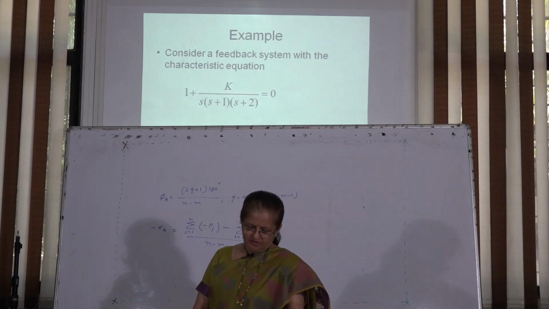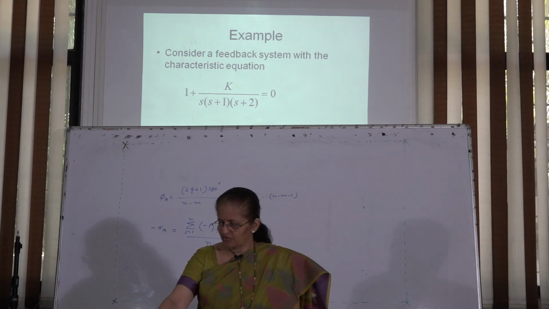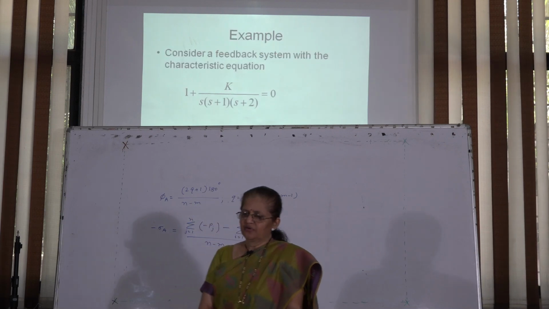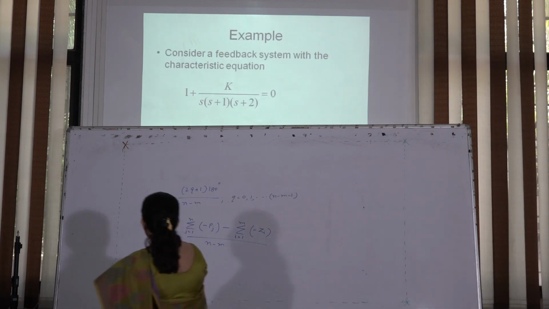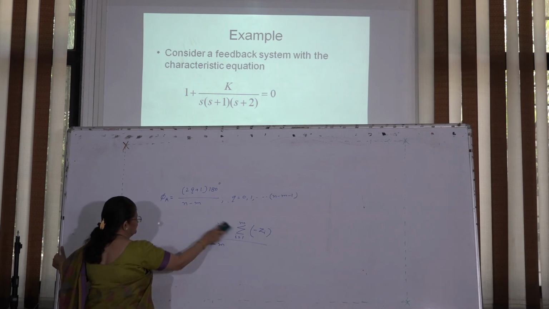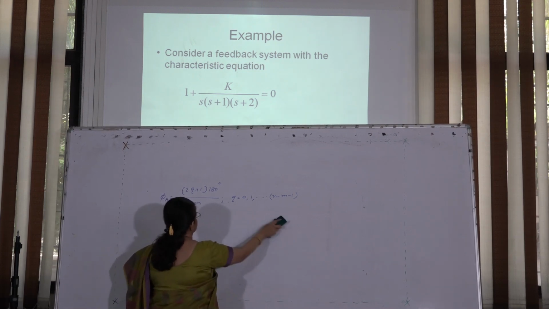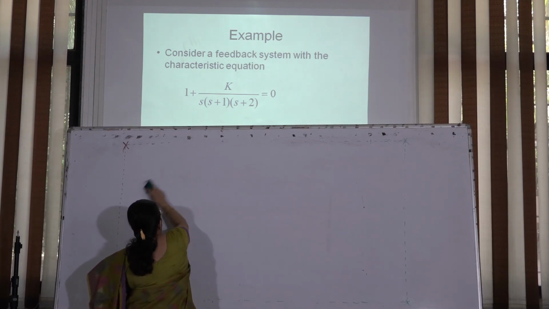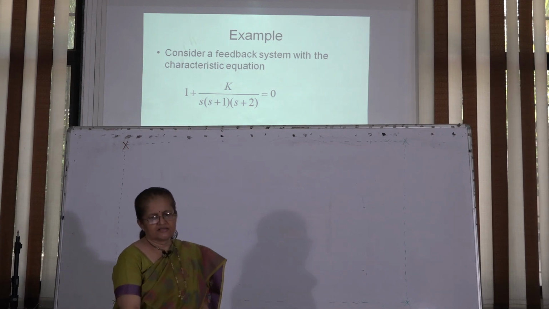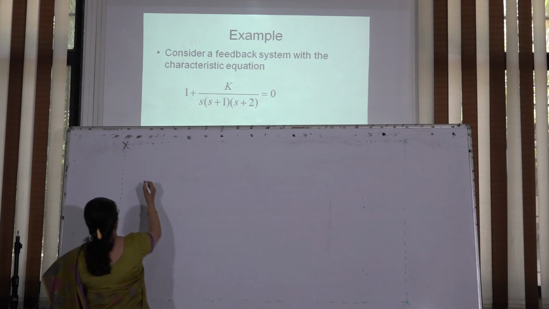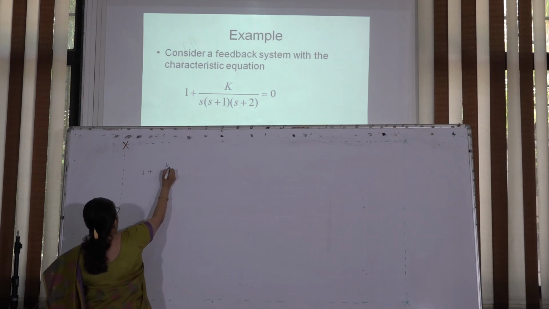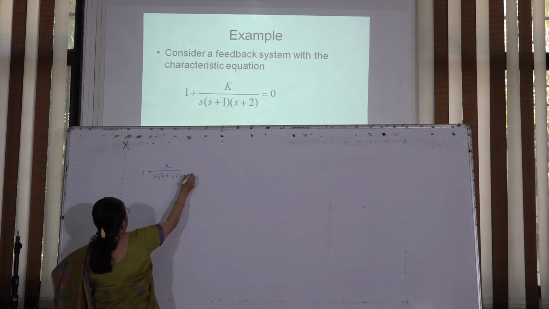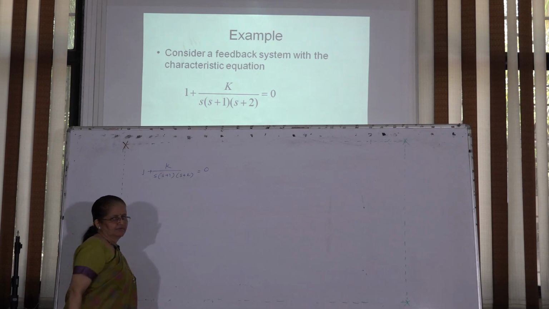Now we will try to draw the complete root locus using the total 5 rules which we have seen. Consider this example: 1 plus k upon s into bracket s plus 1, s plus 2, is equal to 0.